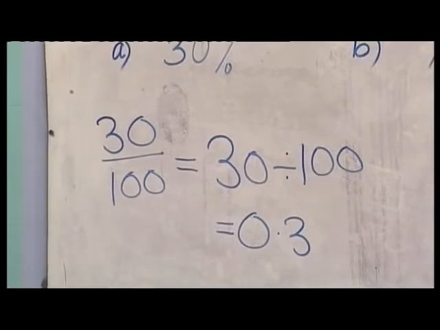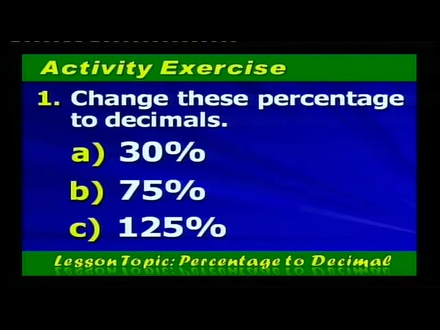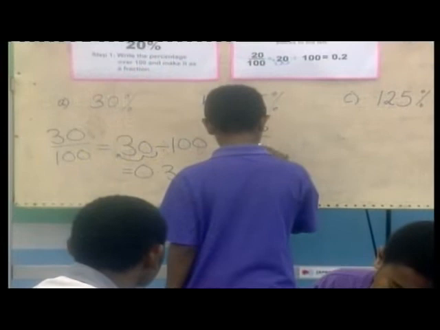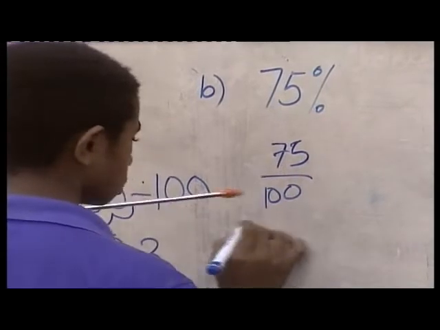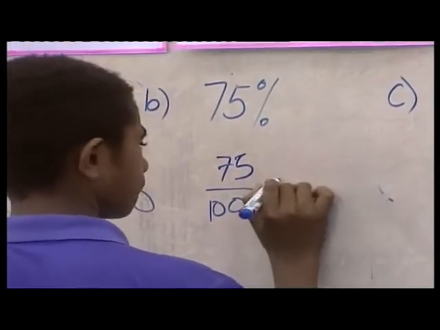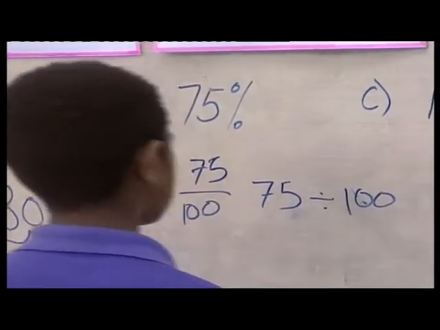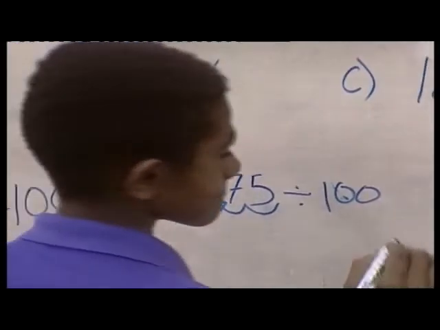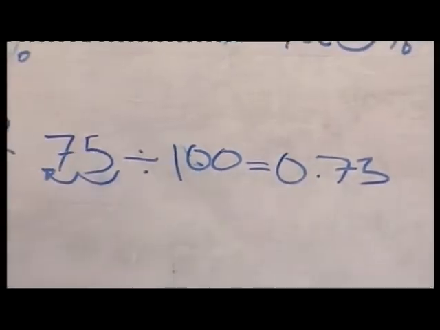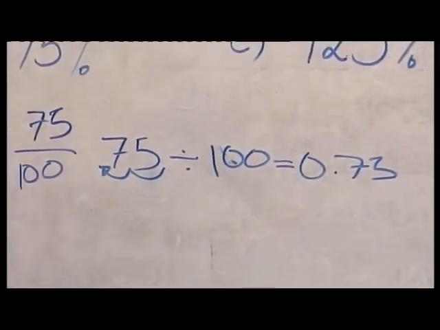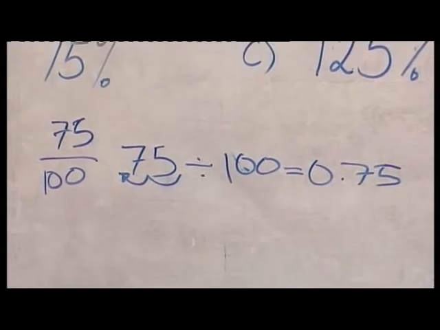Very much, Laka. Let's move on to exercise 1B. Write your 5 properly. Thank you, Jason. Who is doing the last one? Joe?